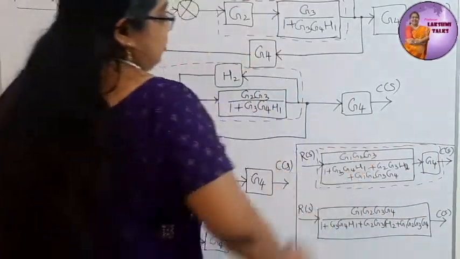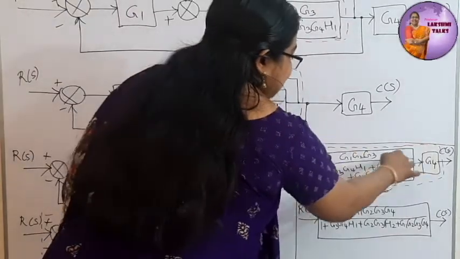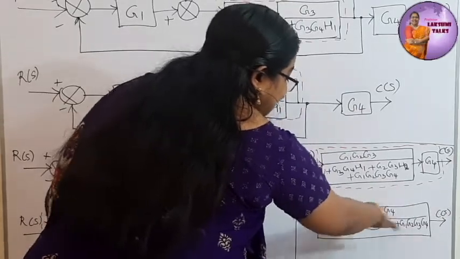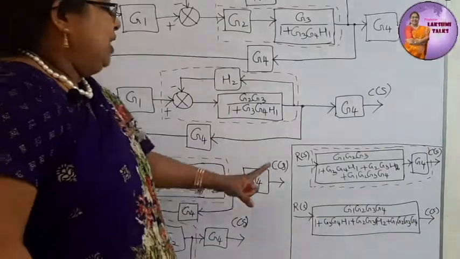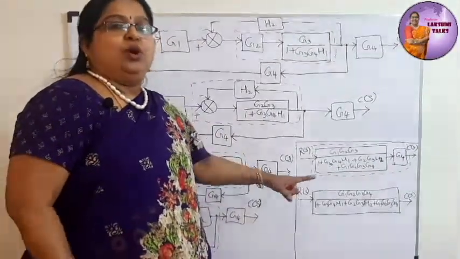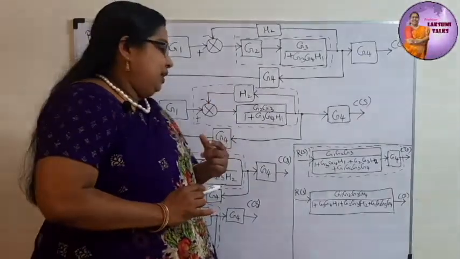By reducing these 2 blocks in series, that is by just multiplying, this G4 comes here and the numerator becomes G1, G2, G3, G4, and the denominator remains the same. So this is the reduced form of the problem which was given here.